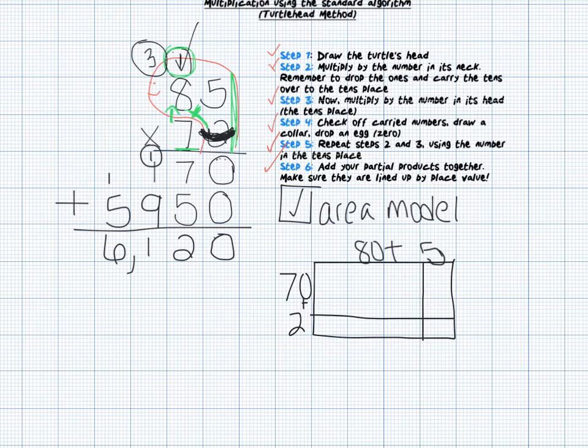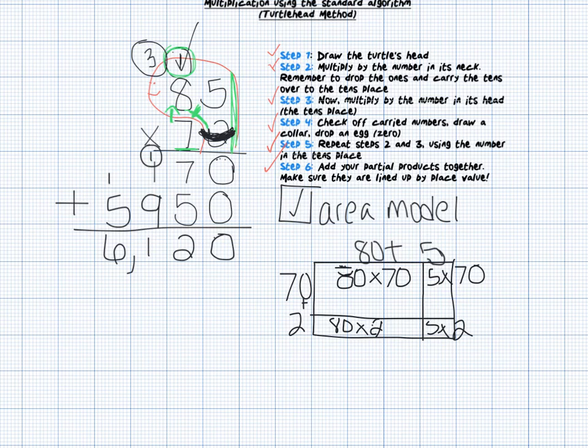Okay, remember from area model that we go left top first, which means the left number multiplied by the top row. So here would be 80 times 70. Then we do the right number multiplied by the top row, so here would be 5 times 70. Then the left number with the bottom row is 80 times 2. And the right number with the bottom row is 5 times 2.